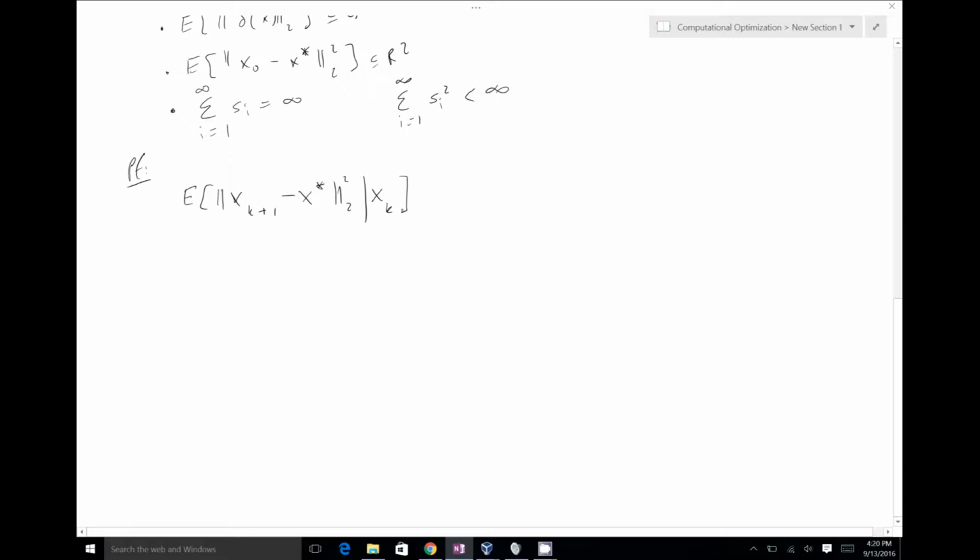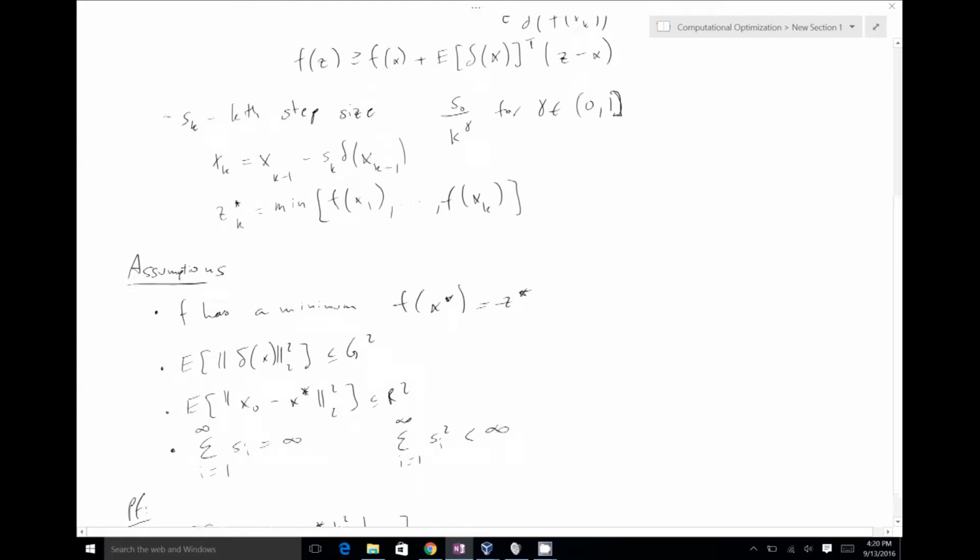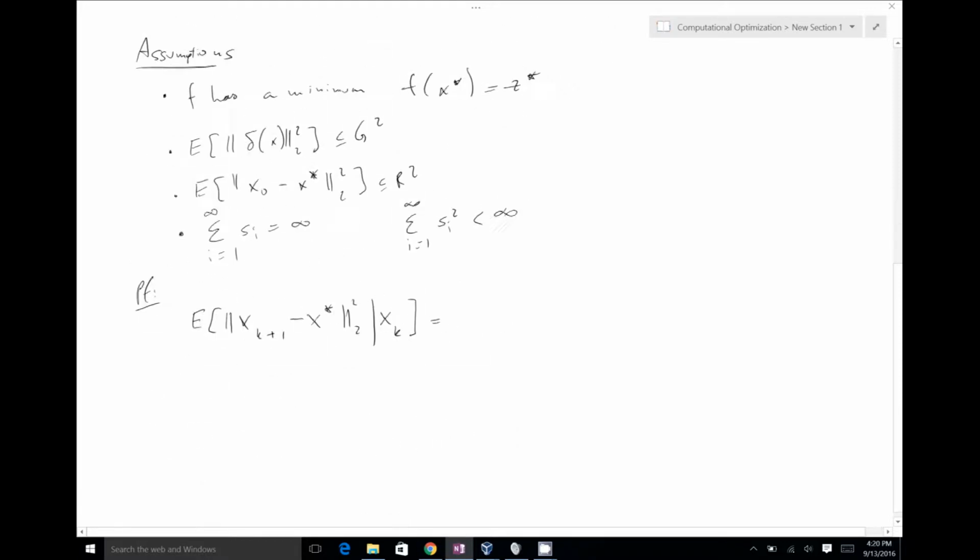Okay, so to get an expression for this, the very first thing we're going to do is just substitute the definition of the algorithm, right? The definition of the algorithm gives me an expression for x_{k+1} in terms of xk. So let's just substitute that in here.